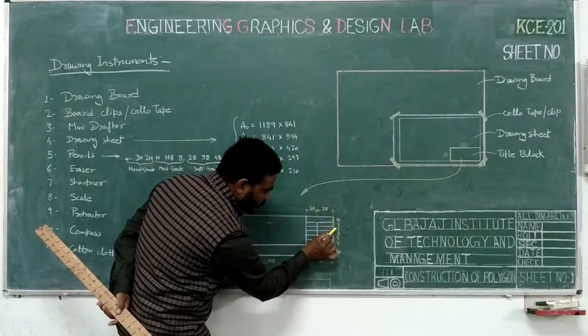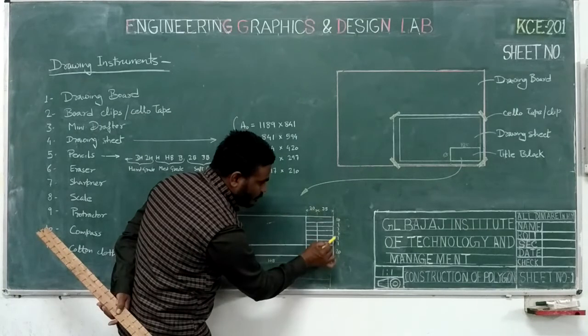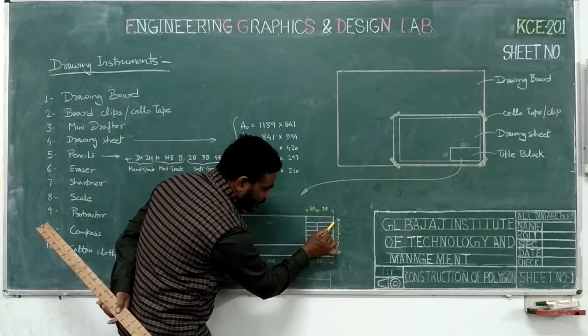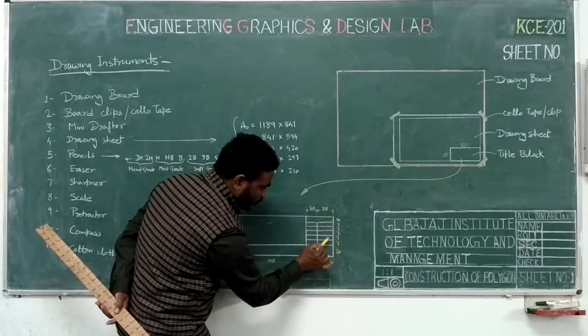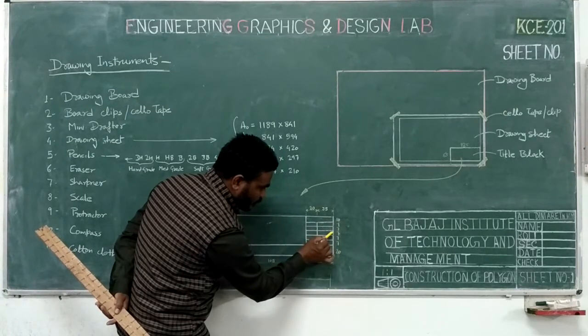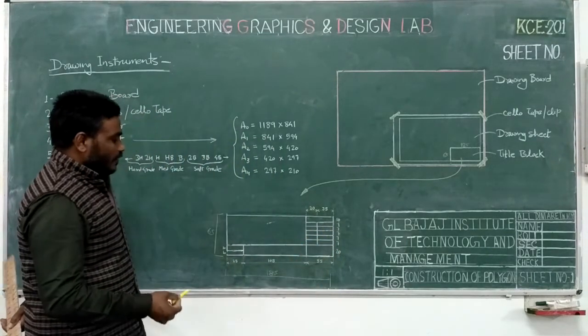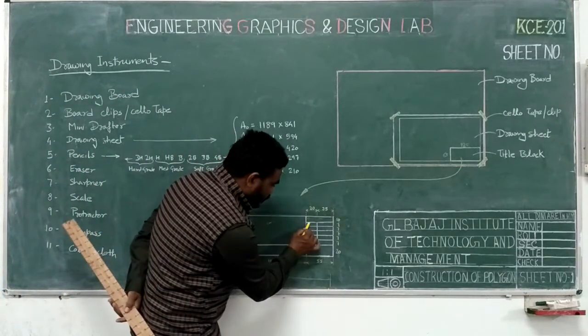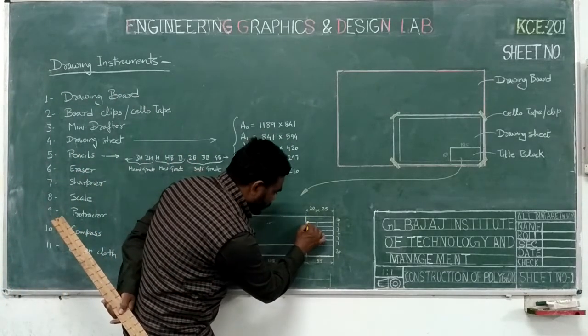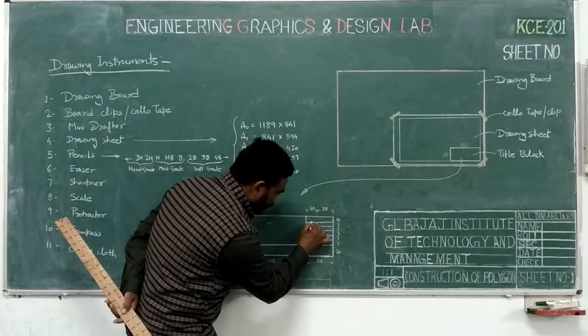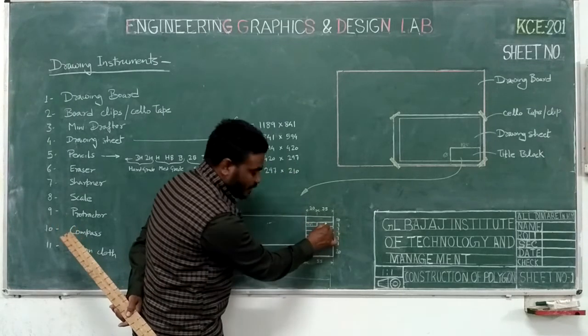Again 7, 7, 7, 7, 7. It means we have to create five blocks of 7 mm. First block, second block, third block, fourth and fifth. After that, in this portion, we have to write our name, and here we will write our name.